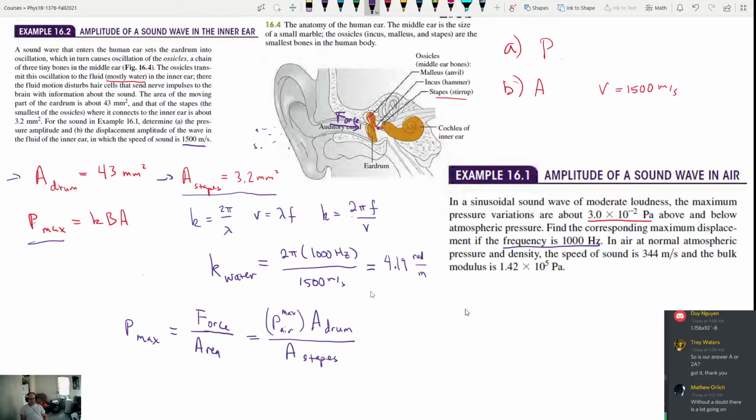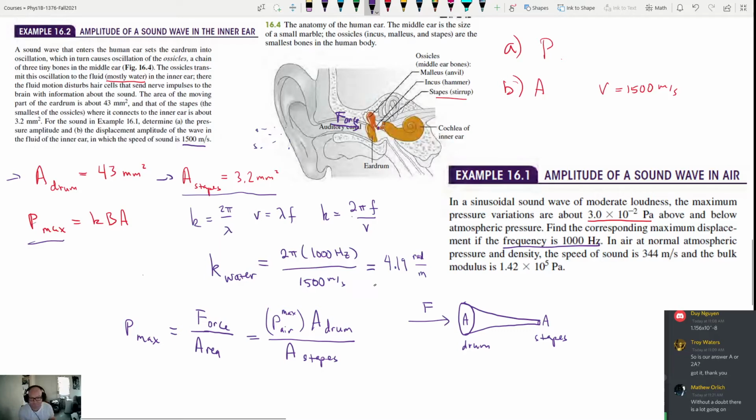I guess the way that I'm thinking about that is that if this is the ear, then the canal that connects it makes it go down to a very, very tiny point like this. So we have the area of the drum over here, and then we have the stapes or the stirrup over here, which has a smaller area. When you apply a force in this direction, F, you get a pressure of F over A, but the pressure over here is going to be greater by exactly this ratio. That's kind of what they're saying.